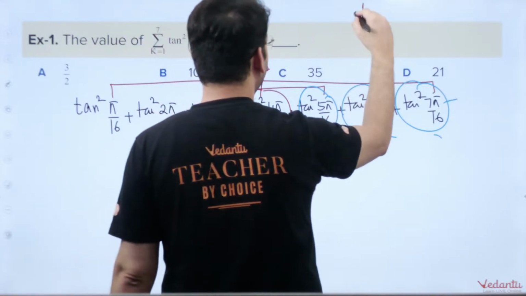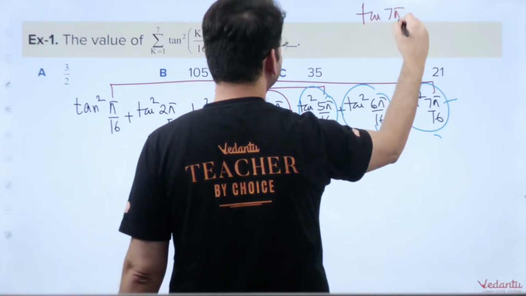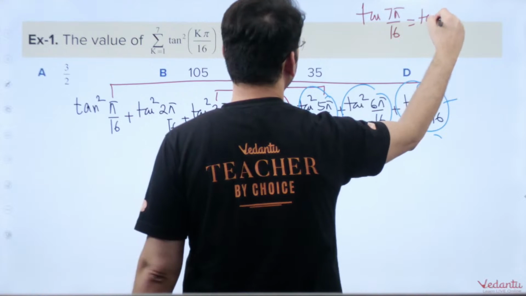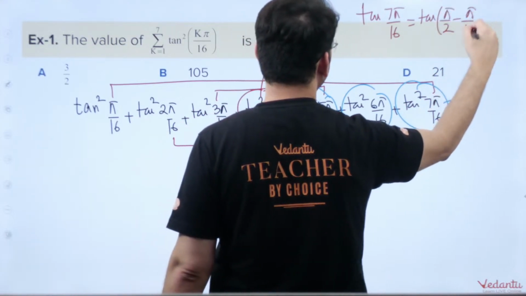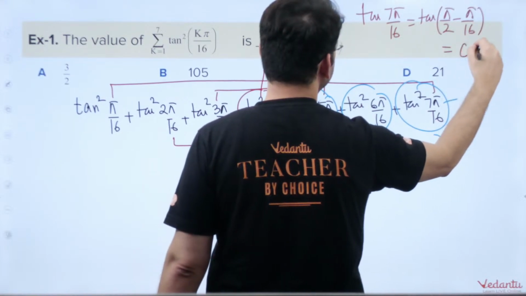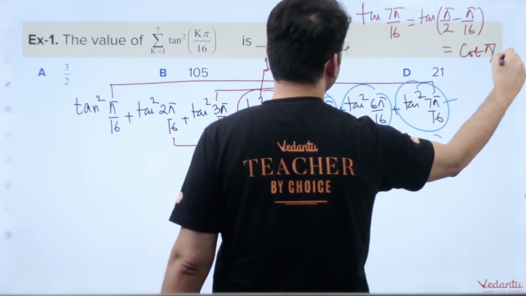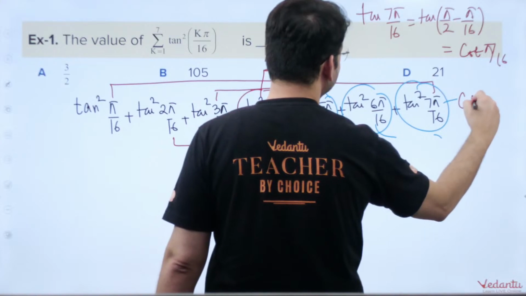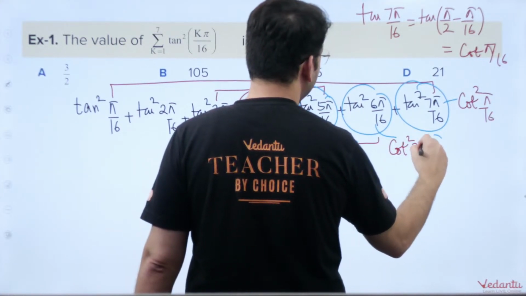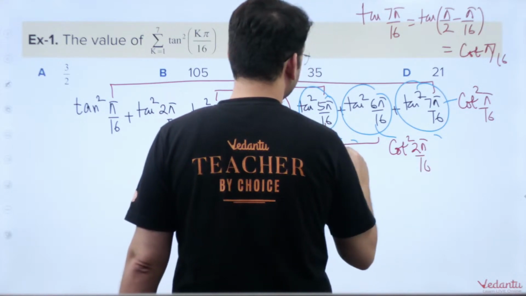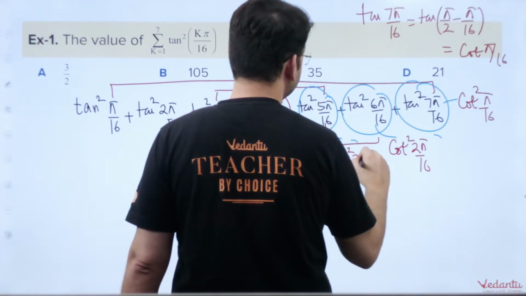Right. So basically tan of 7 pi by 16 is tan of pi by 2 minus pi by 16. So this is cot pi by 16. So this is going to be cot square pi by 16, cot square 2 pi by 16, cot square 3 pi by 16.